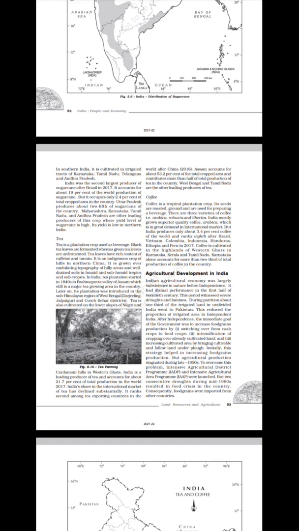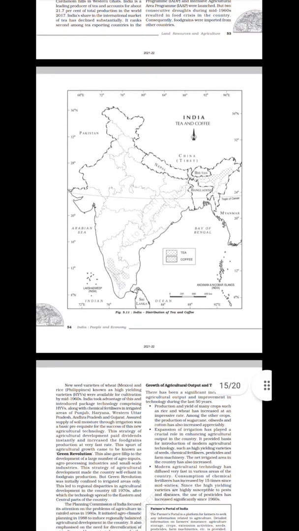To overcome this problem, the Intensive Agriculture District Program (IADP) and Intensive Agriculture Area Program (IAAP) were launched, but two consecutive droughts during the mid 1960s resulted in a food crisis in the country. Consequently, food grains were imported from other countries. Take a look at figure 5.11, India: distribution of tea and coffee.